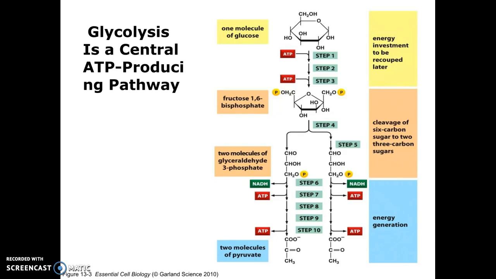And so we are going to produce a couple of ATPs, but those are going to be inconsequential in comparison with the energy that we get out of NADH. And then those pyruvates are going to produce more NADH as well as FADH2 in the TCA, or the citric acid cycle, or the Krebs cycle, or whatever you're calling it. And so glycolysis being the first step to producing those NADHs and FADH2 is central. It's a very important step.